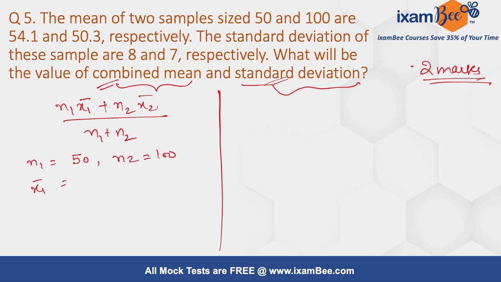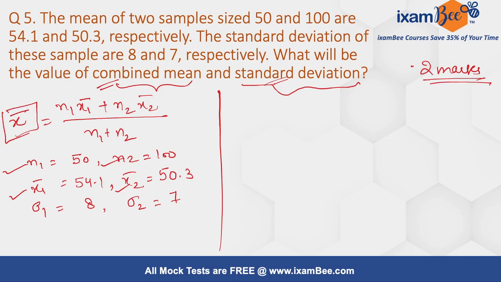X1 bar is given to you 54.1 and X2 bar is given to you 50.3. Then you have the values for standard deviation. Sigma 1 is 8 and sigma 2 is 7. By putting the values for n1, n2, x1 bar and x2 bar, you can easily calculate the value for the combined mean, that is denoted by x bar.